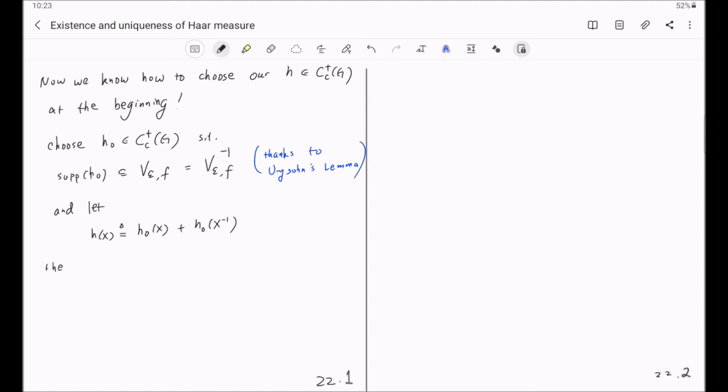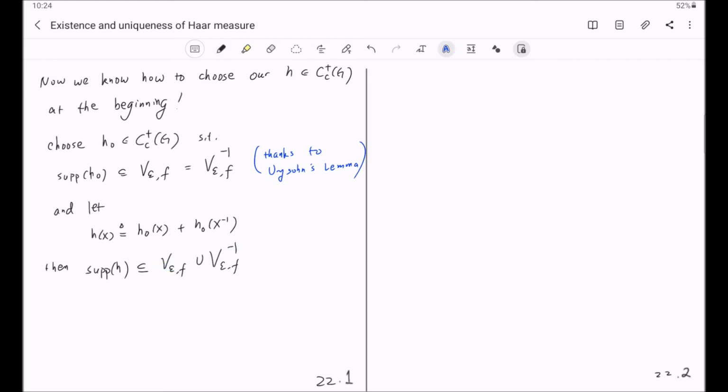Then, the support of h will be contained in the union of the support of the first guy and the support of the second guy, which is contained in V_ε,f union V_ε,f inverse.